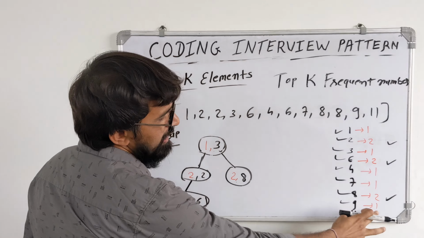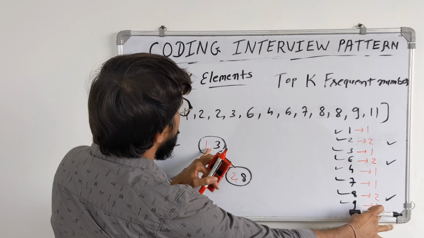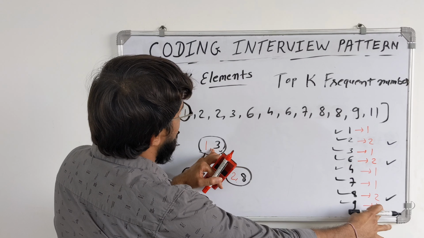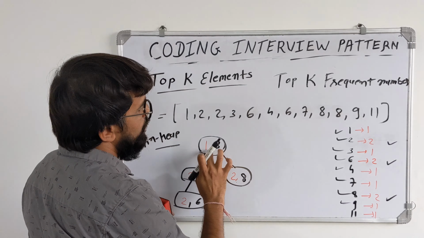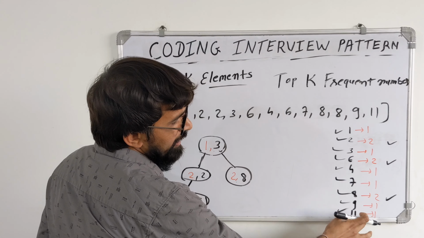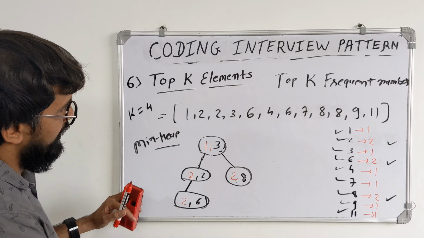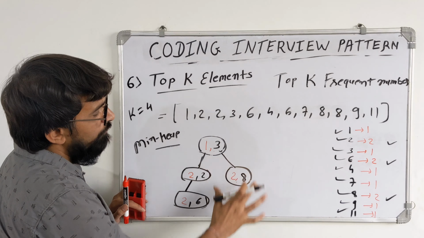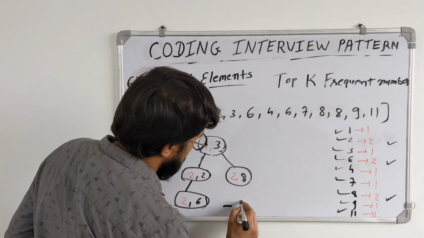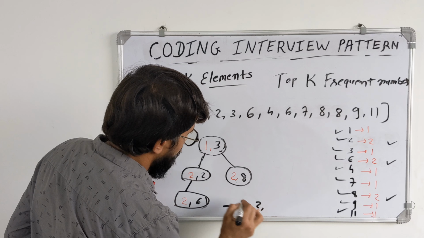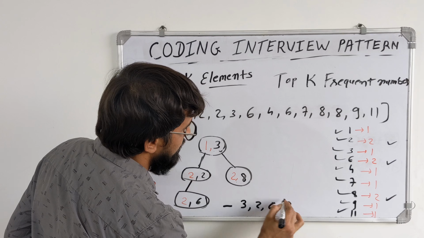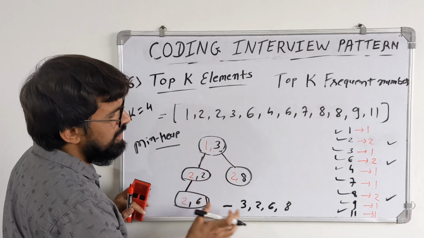Now I have 9 and 1. 1 is less than or equal to, it's not greater than this, right? It's not greater than this one, I can skip this one. 1 again, it's not greater, I can skip this one. So in this one, this is our top frequent number. If I give the result, it is 3, it is 2, it is 6, it is 8. 2, 3, 6, order doesn't matter.